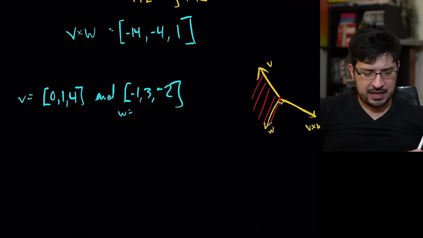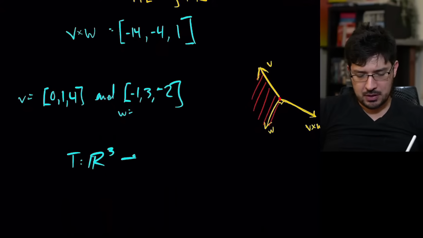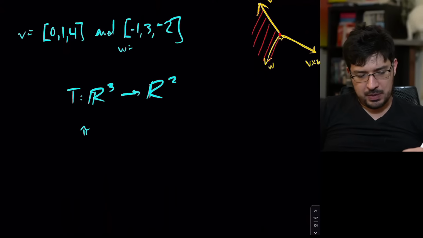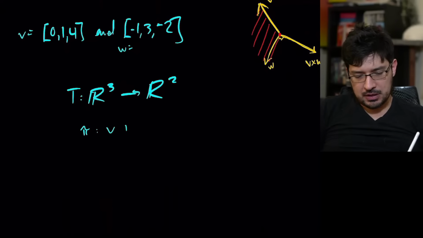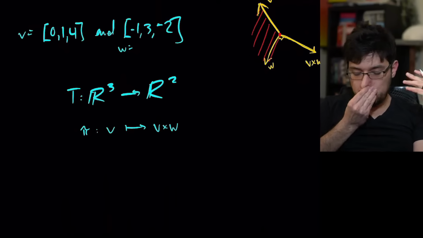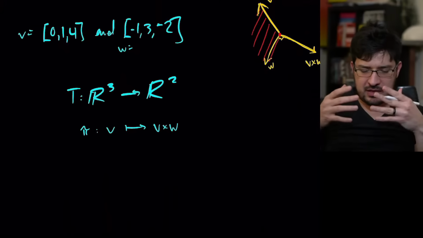I think I'm mixing two different ideas. I still want this transformation from R3 to R2. And I think that what I want is some kind of projection that will project a vector to that axis or so.